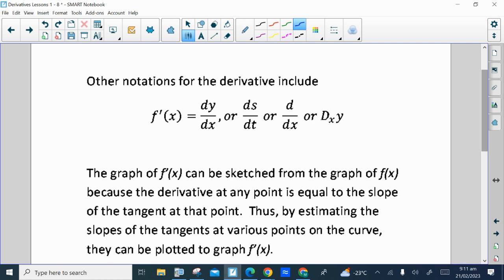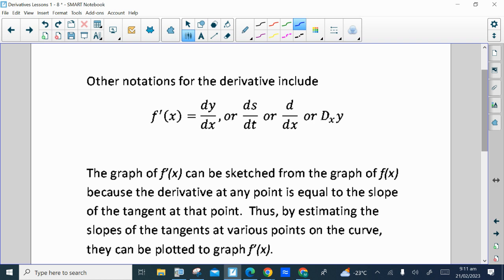If it's y equals a function of x, it's dy by dx. But you can have s equals a function of t, and we saw that with position functions before. So then it would be the derivative of s with respect to t, ds by dt. Sometimes just d by dx is used. That represents derivative. Or d sub xy also represents the derivative.